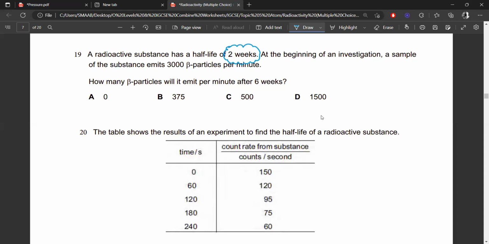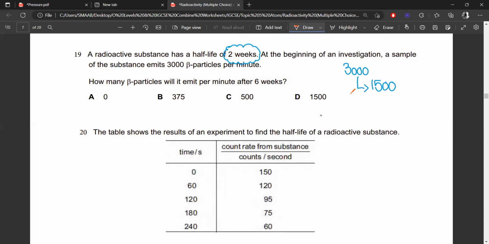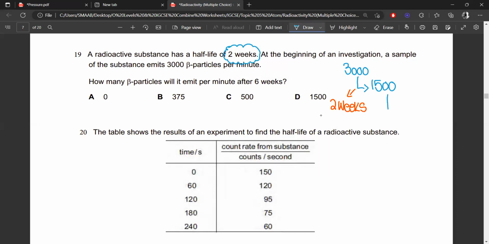Starting from 3000, the first half-life gives 1500, right? It means this half-life will take 2 weeks. Then again we reduce the value to half, getting our second half-life. The value will be 750, and the time is 4 weeks.